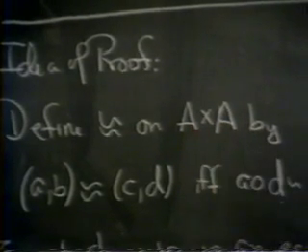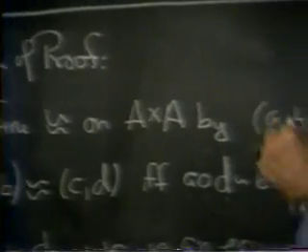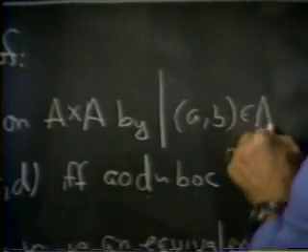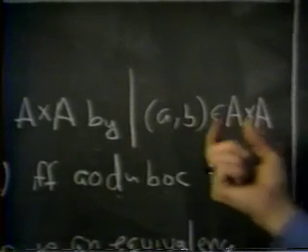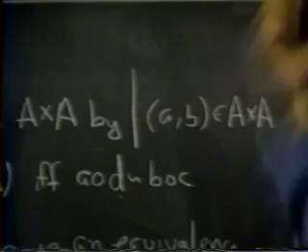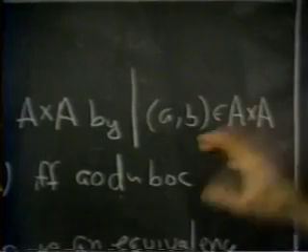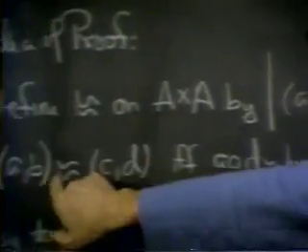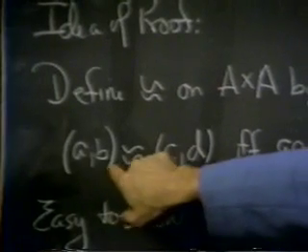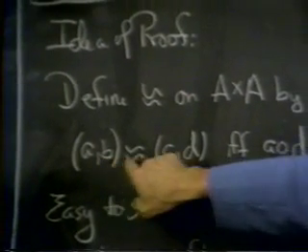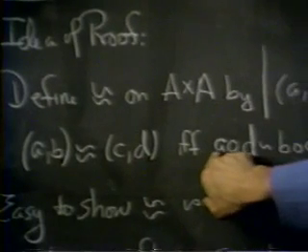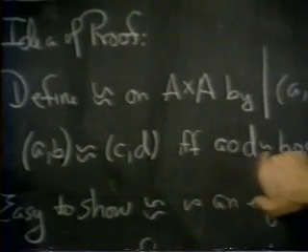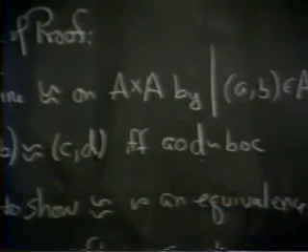So a pair AB in that Cartesian product can be thought of intuitively as the difference between A and B. And we'll define equivalence among these differences. AB difference is equivalent to the CD difference provided that A concatenated with D is equivalent to B concatenated with C.